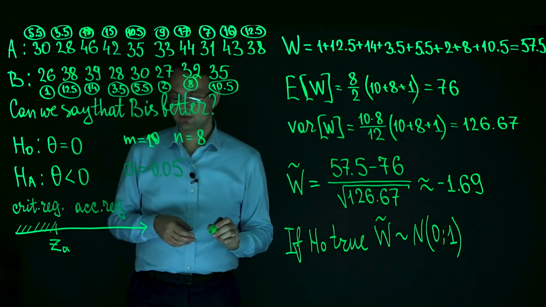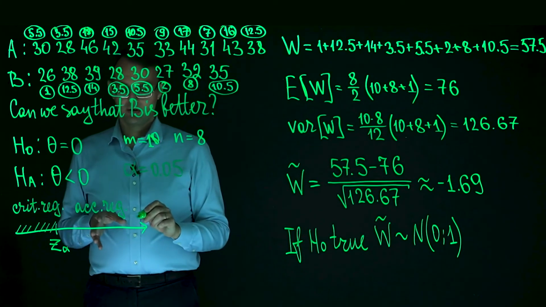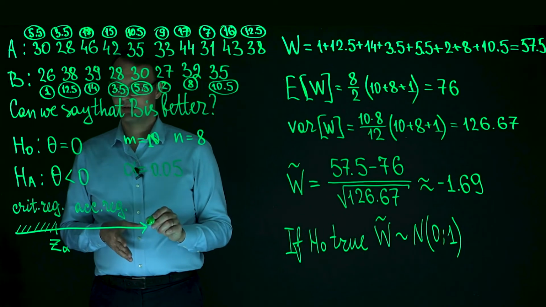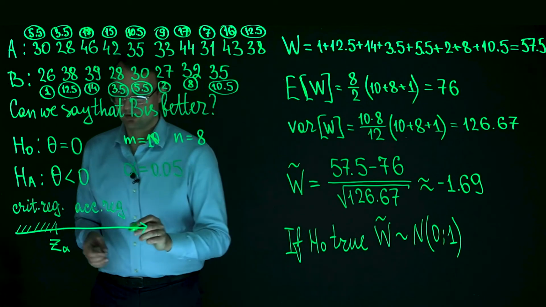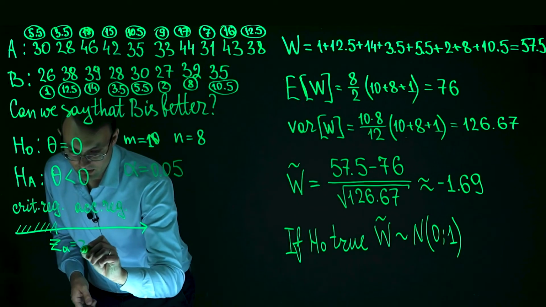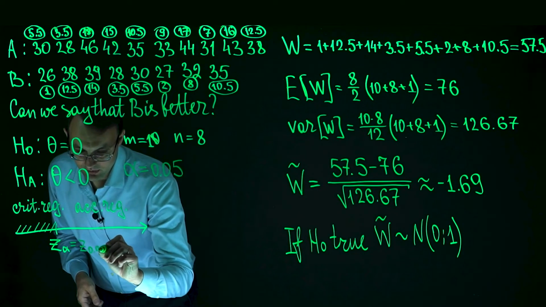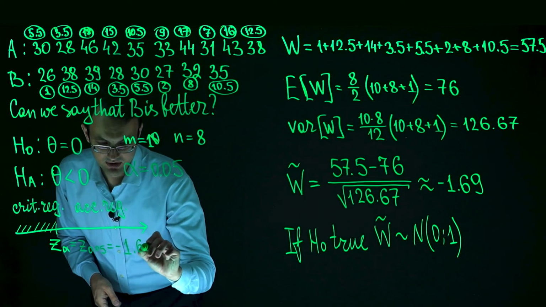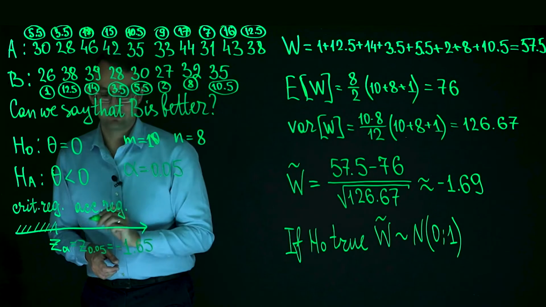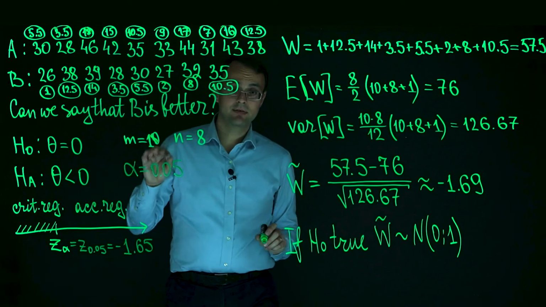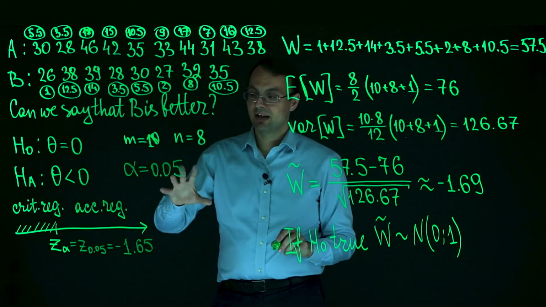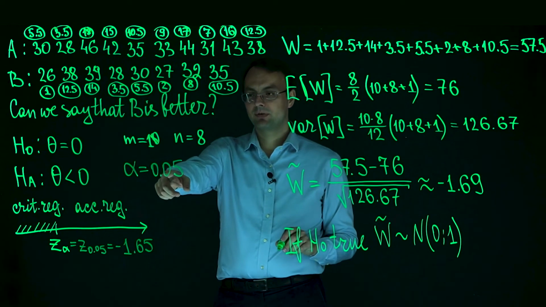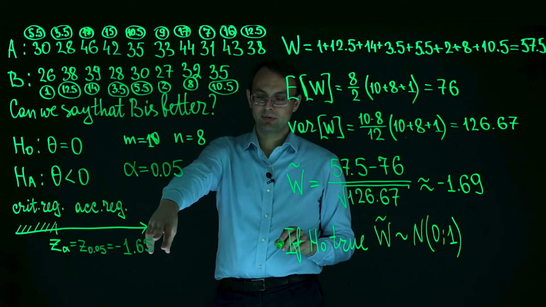And so we are to find the quantile of the level 0.05 in the table. It is equal to minus 1.65. Quantiles of the standard normal distribution are symmetrical with respect to 0. So the quantile of the level 0.05 is minus 1.65.